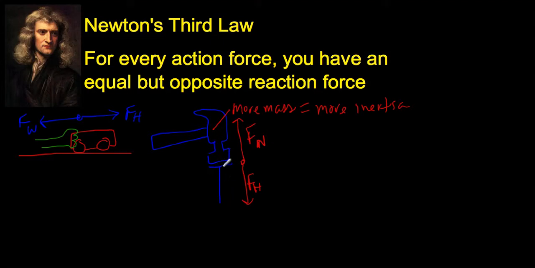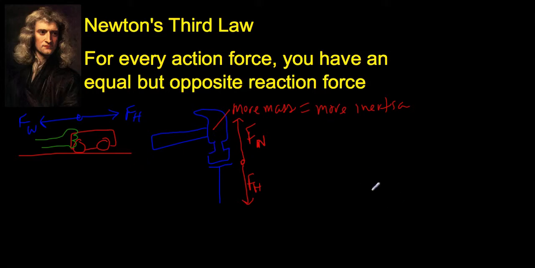It has less inertia than the hammer. It would take more force than this nail can generate. It can only generate as much force as it's hit with to make this hammer stop exactly where it is. So that's why when you hit a hammer into a nail, the nail goes down. That's why you want to have some mass in this hammer. You can't have too massive of a hammer because it would be too hard to swing. But you wouldn't want to hit a nail with a similar sized hammer compared to the nail.